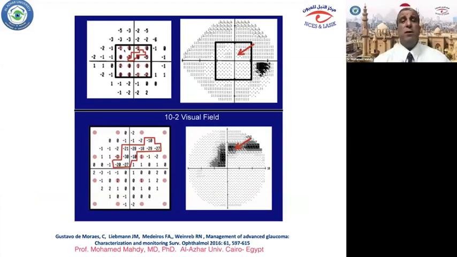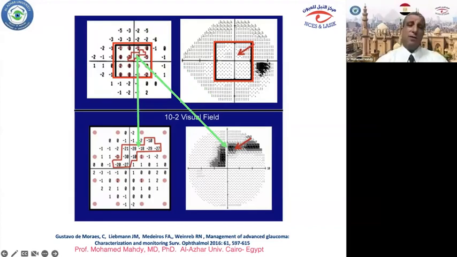If we come to this graph, we see that if we are examining the 24-2, we see these red marked points here, and you see no defect in the grayscale presentation. If we examine with the central 10 degrees, we could see that the defective points reside in between the examined central points in the 24-2, and we could find the defect.